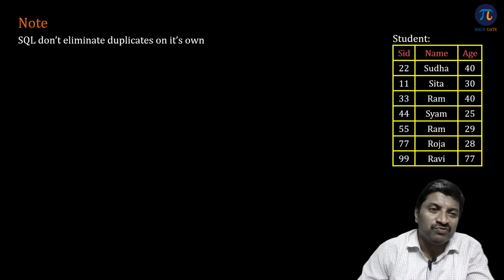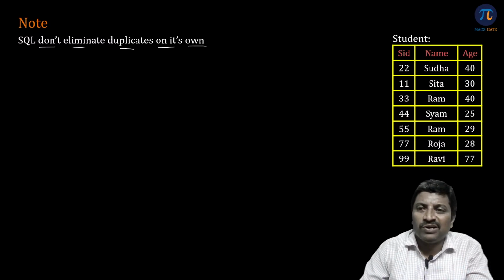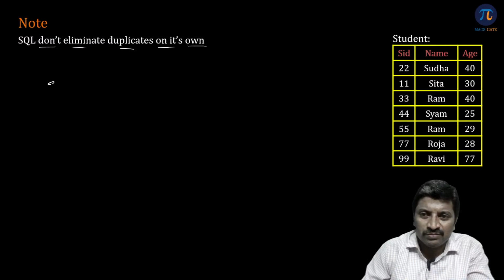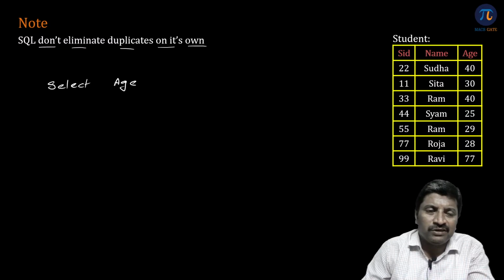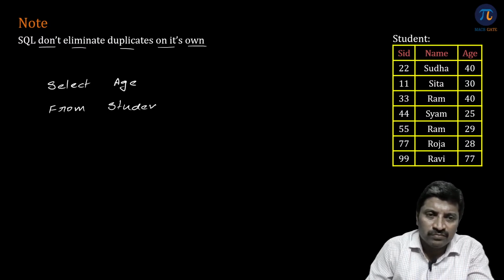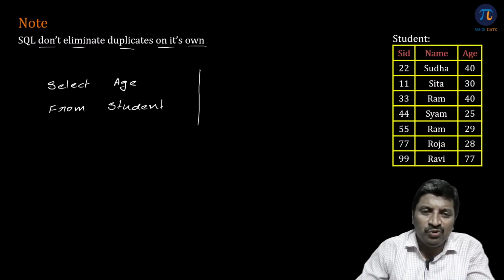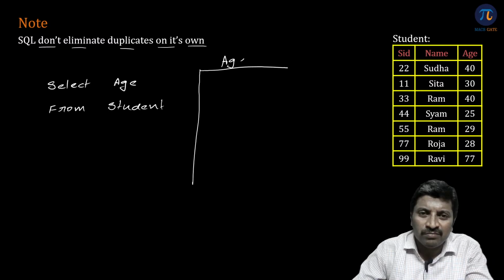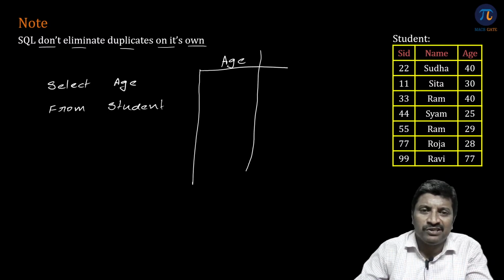Okay. Now this is one important note, sir. SQL doesn't eliminate duplicates on its own. What does it mean? Suppose select age from student. Then what do you expect, sir? Age is a column for which I will get the details.